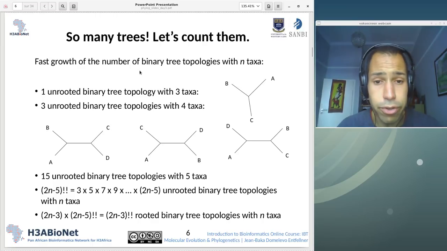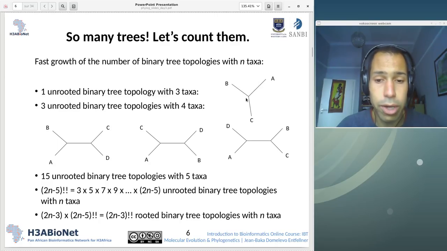There are many trees one can build on a fixed set of taxa. If I set the cardinality of the set of taxa to, let's say, n, and if I set n equal to 3, I must count how many unrooted binary tree topologies you have with three taxa.